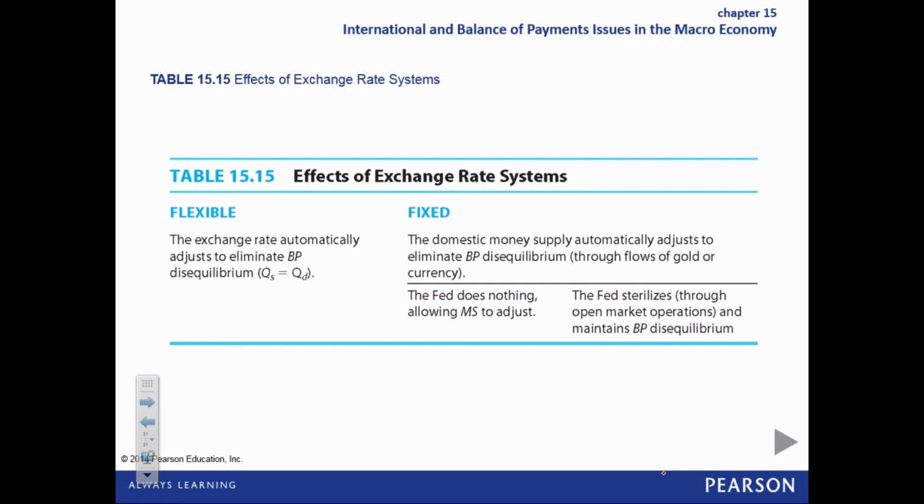But for most major countries like the U.S. and Japan and Europe, it is basically without interference of the government. So the market determines the exchange rate, although occasionally you hear that they do interfere in the market.